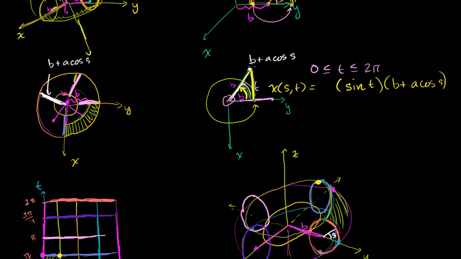Because remember, how far we are depends on how much around the circle we are. When we're over here, we're much further away. Here we're exactly b away if you're looking only on the xy plane. And over here, we're b minus a away. So that's x as a function of s and t.